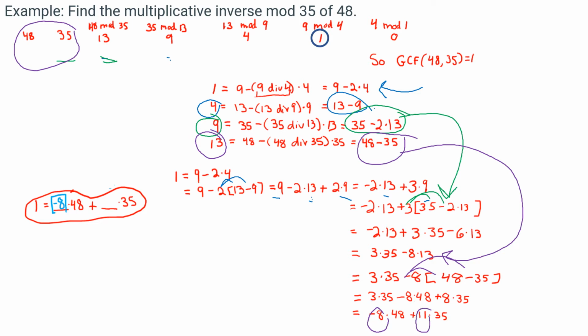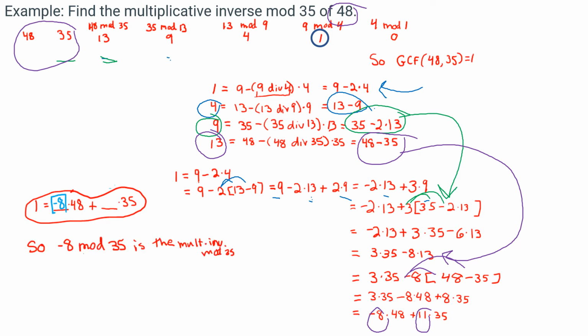And remember what we said in the last slide: the number in front of the number we're getting the inverse of. We're getting the inverse of 48 mod 35. So it's the number in front of the 48 that would be our s. Okay, so our s is the negative 8.